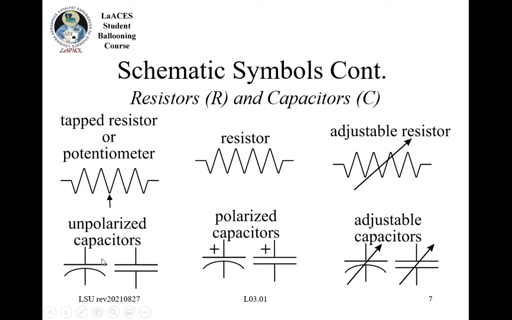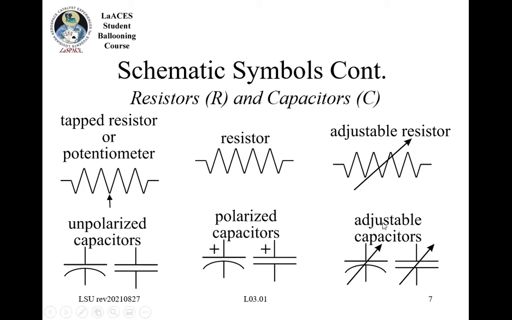You can put them in whatever direction. But these polarized capacitors, which are typically electrolytic and sometimes tantalum capacitors, there is a positive lead. And so you need to denote that on the schematic, as well as we're going to be paying attention to that whenever we're doing soldering.